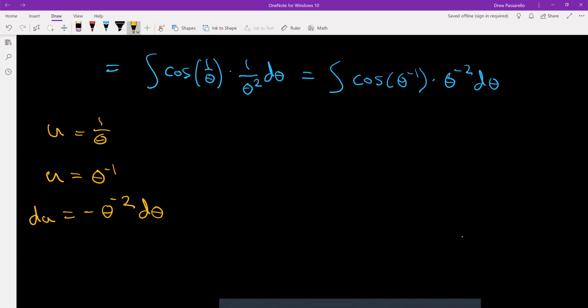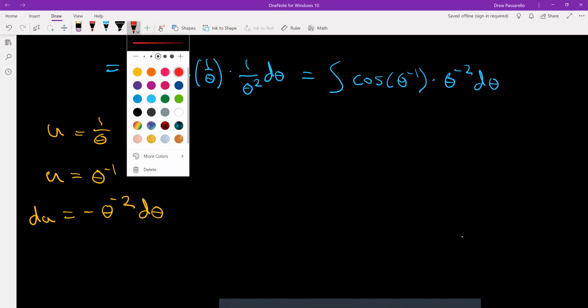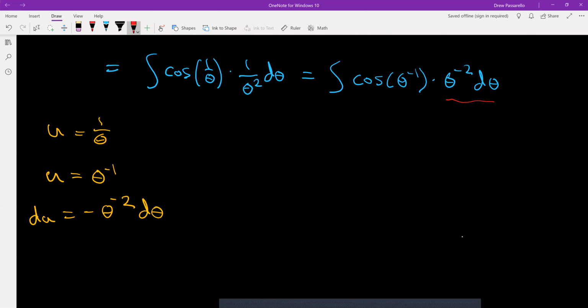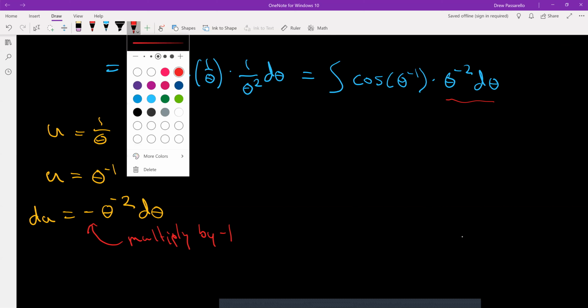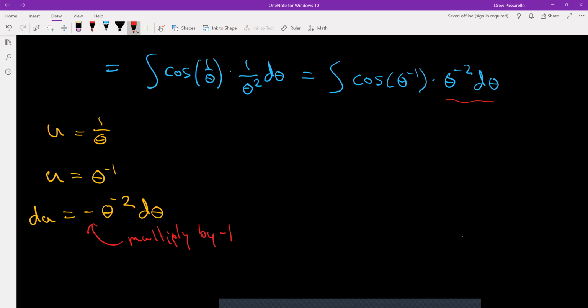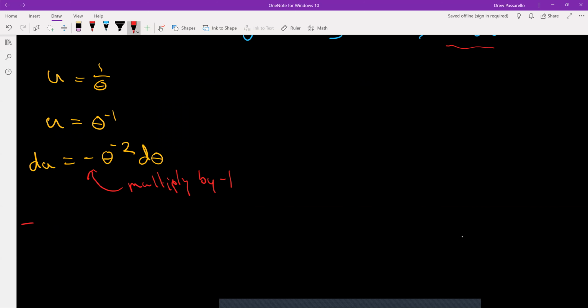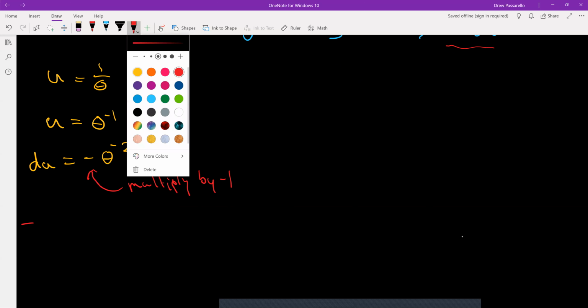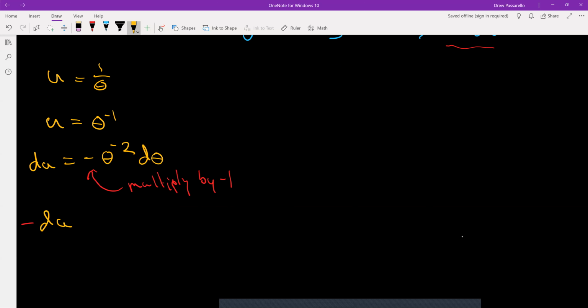Now notice I don't have the negative sign in the integral, I just only have theta to the negative 2. So I need to multiply both sides by negative 1, or divide by negative 1, either way. And all that's going to do is bring the negative on the left side, so it'll be negative du equal to theta to the negative 2 d theta.